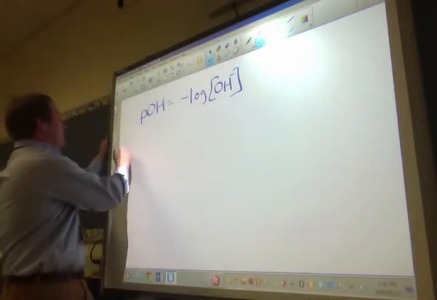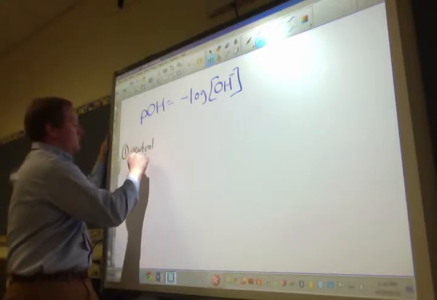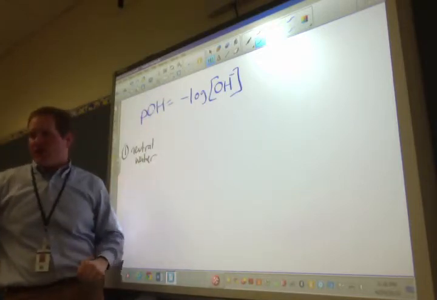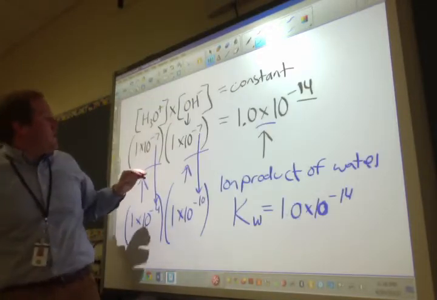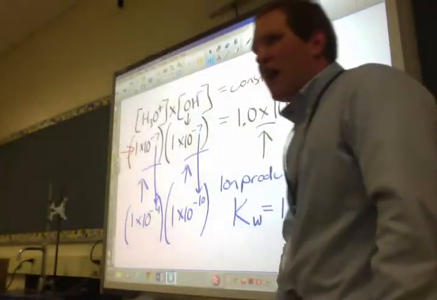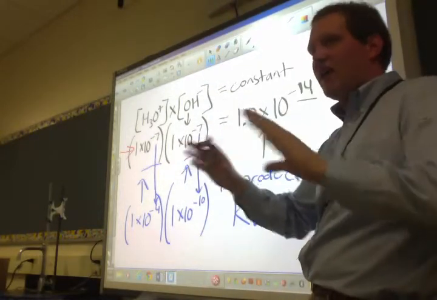For the first example, neutral water. pOH is negative log of the hydronium ion concentration. In neutral water, which was this example, what is my hydronium ion concentration? Sorry, I'm mixing up my terms. Hydroxide ion concentration.